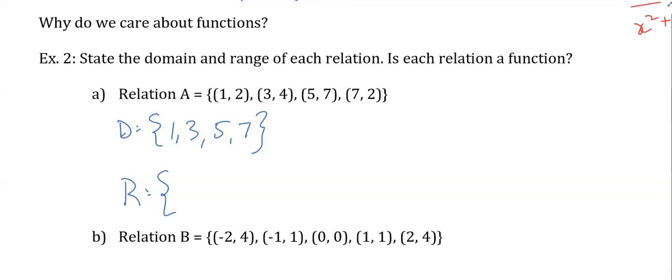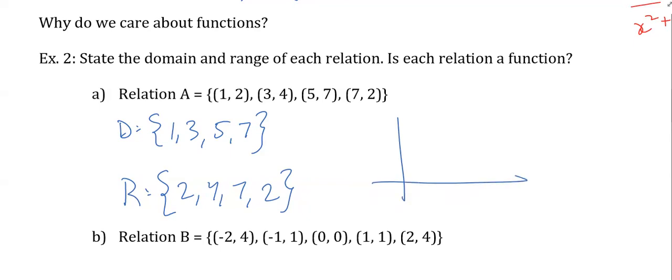And the y values are 2, 4, 7, and 2 again. Yeah? Why do you write the 2 twice? I don't know why we wrote the 2 twice. Good catch. You don't need to. Although I'm going to erase it in a second. I'm going to leave it there for a minute. What does it mean when we have that 2 twice?